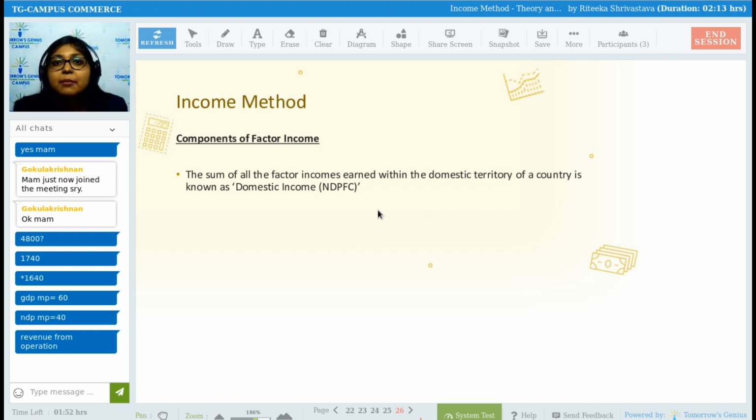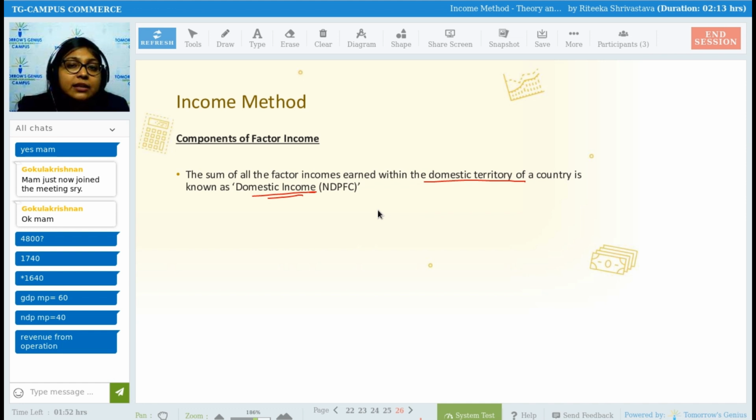What are the components of the income method? The sum of all the factor incomes earned within the domestic territory of the country is known as domestic income. We know that, right? What is the difference between domestic income and national income? We have already seen. When you sum up all the income of the country, it is called domestic income.